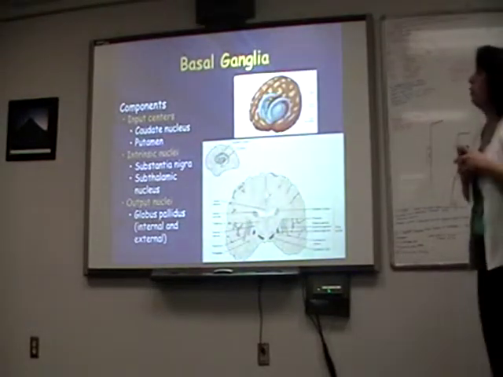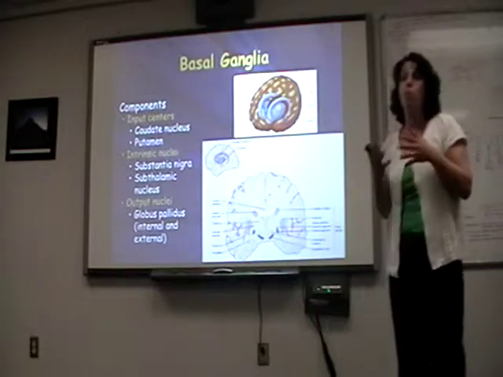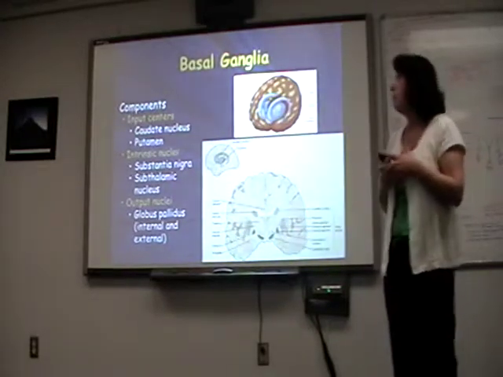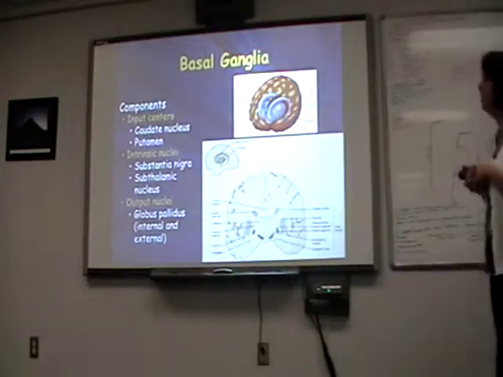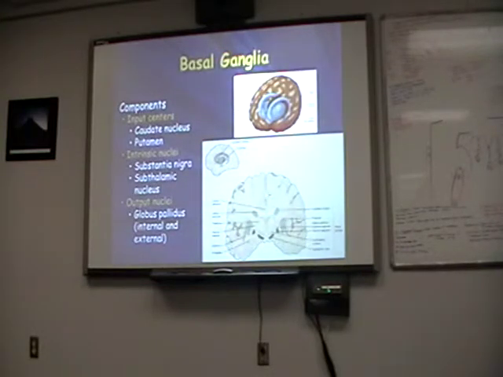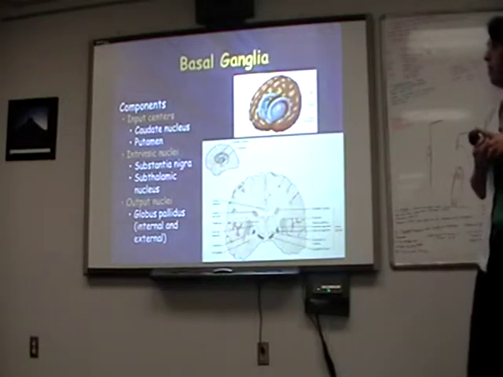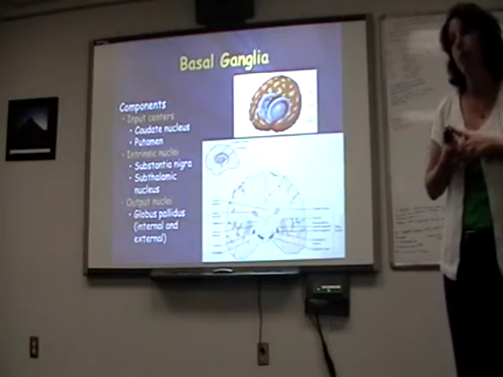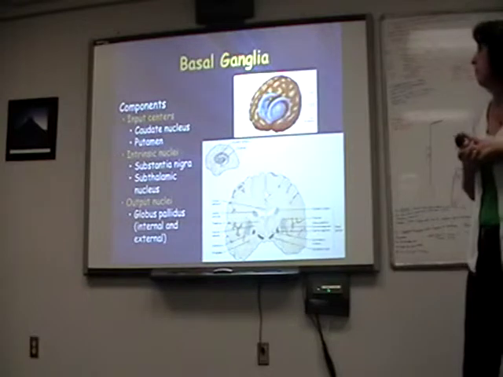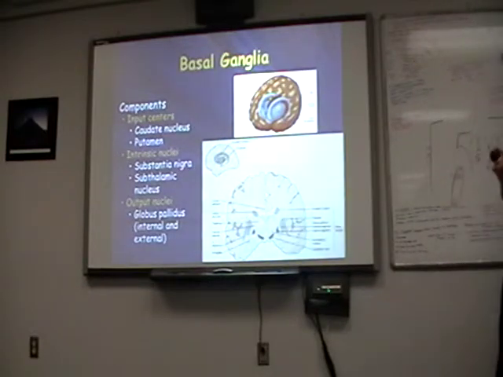So when you actually look at the basal ganglia, there's actually much more than just those three. Input is caudate and putamen. We've also got the substantia nigra, which has intimate connections. That's in the brainstem. What level of the brainstem? Midbrain, right? So that's in the midbrain. We have the subthalamic nucleus, which is in the diencephalon.